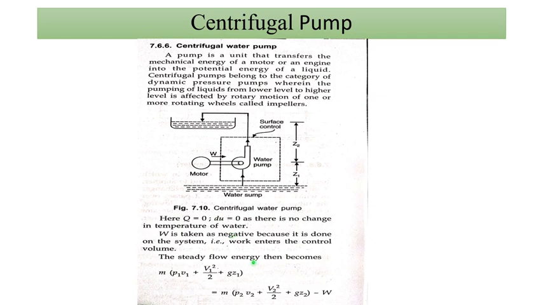So we will write the steady flow energy equation as m into P1 V1 plus V1 square by 2 plus GZ1 is equal to m into P2 V2 plus V2 square by 2 plus GZ2 minus W. Here I'm not writing H1 because the quantity U is 0. If we know all other quantities, we can get the amount of work required to lift the water from a lower level to a higher level. This is the case of a centrifugal pump.